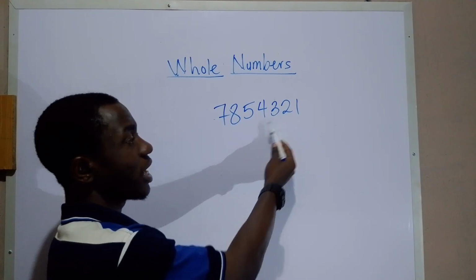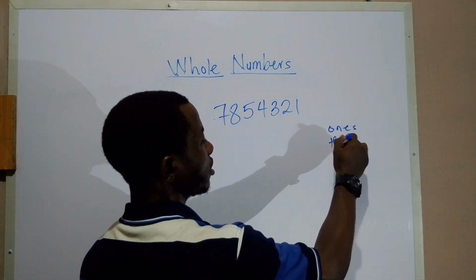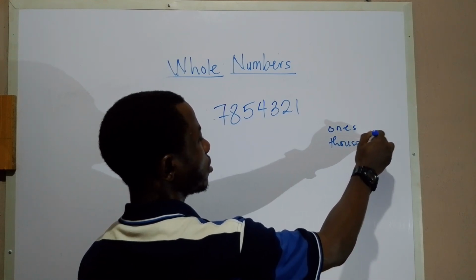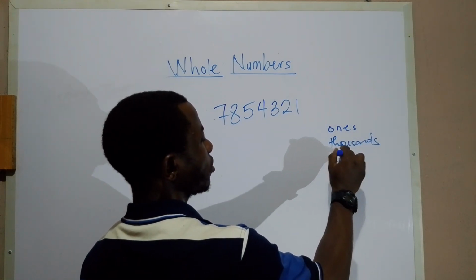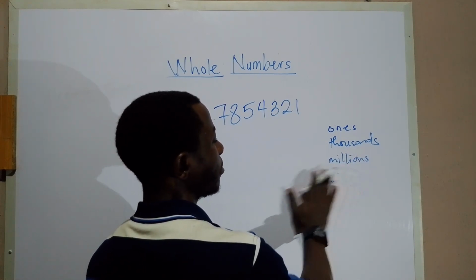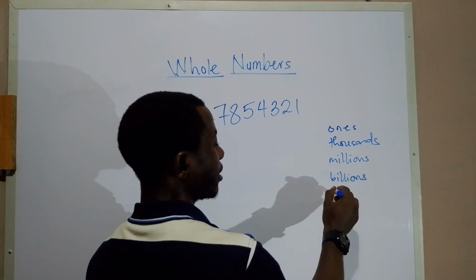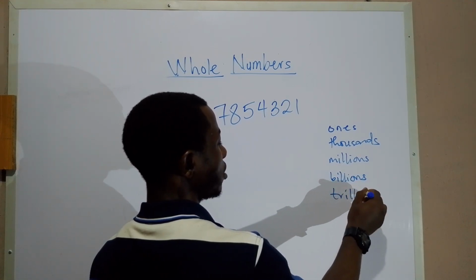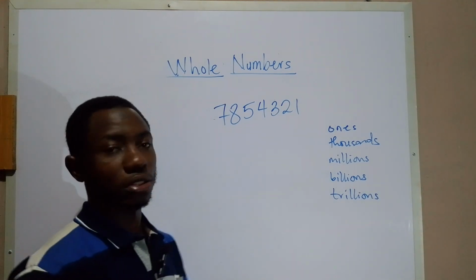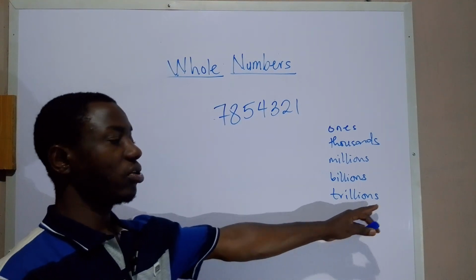Now, these periods are ones period, thousands period, millions period, billions period, and trillions period, and so forth. For the sake of this class, we're just going to stop at the trillions period.